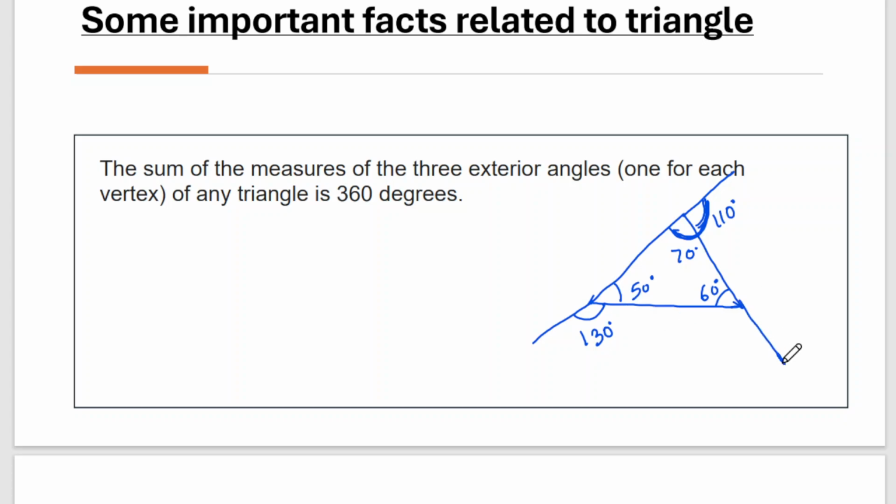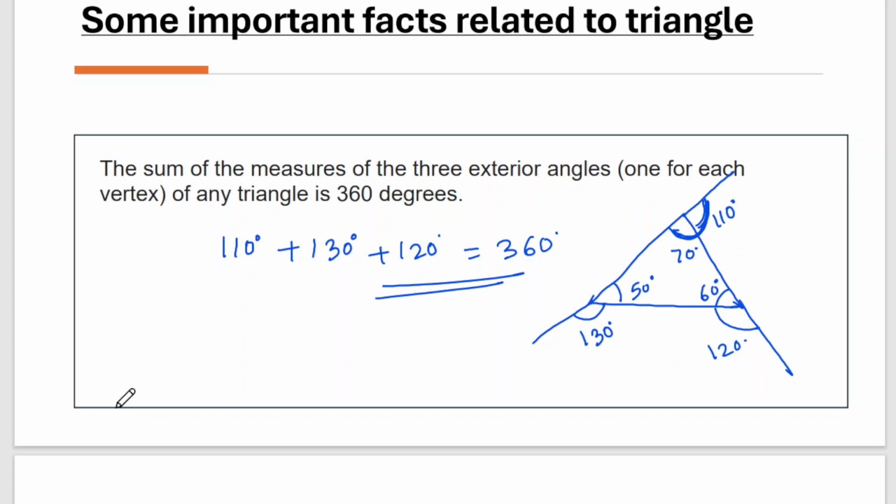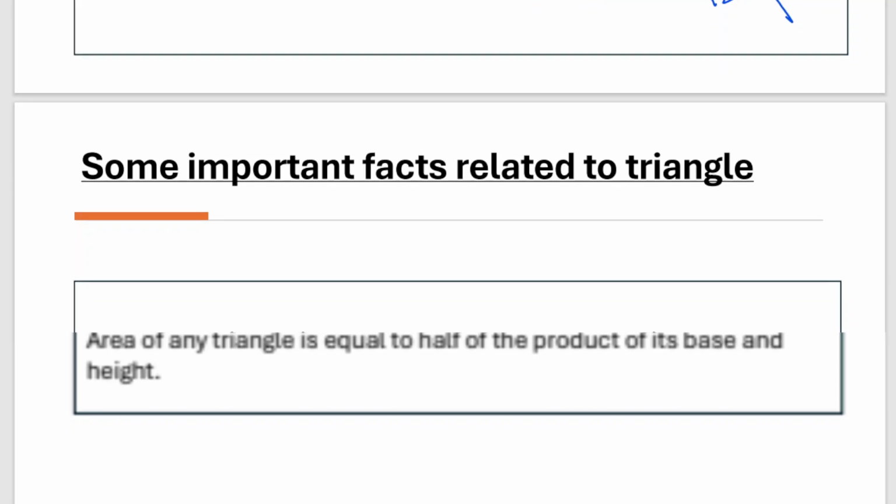Now, if I ask you what is the value of this, you will say 180 minus 60, that is 120. Now if we add 110 degrees plus 130 degrees and 120 degrees, you will get 360 degrees. Okay, so the three exterior angles will always give 360 degrees for any triangle. Okay. Next question.